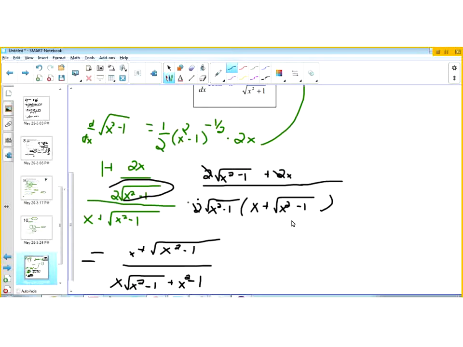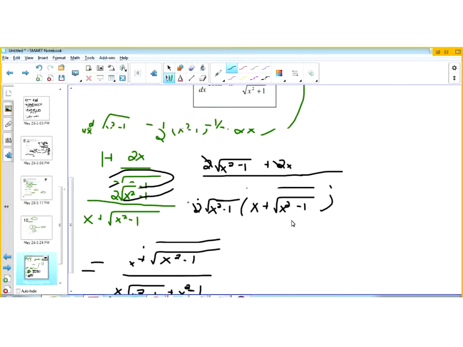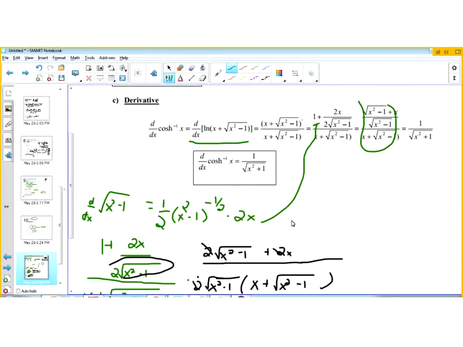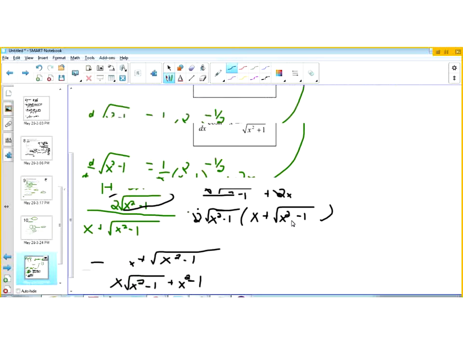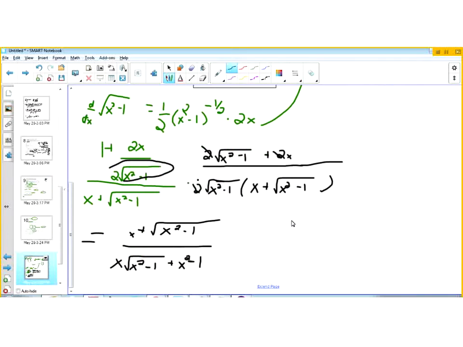So now can we simplify this even further? We need to boil this down. So x times the square root of x squared minus 1 plus x squared minus 1. How can we simplify this now?